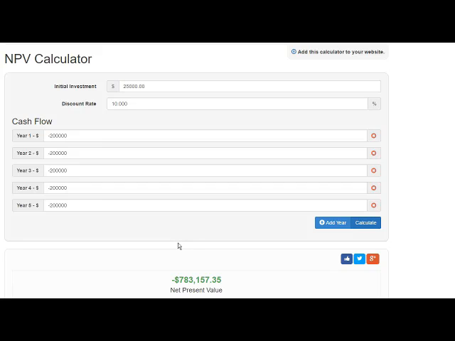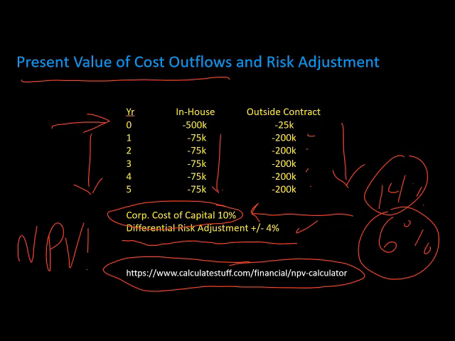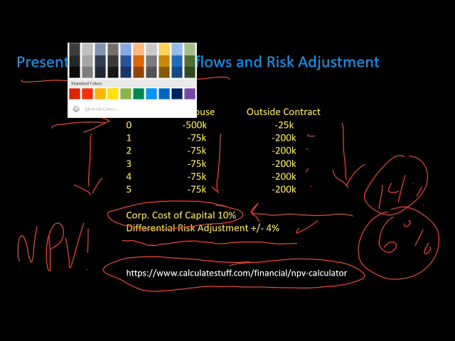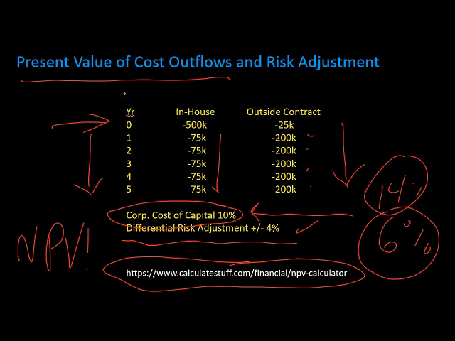Now let's go back to where we talked about what would happen if, for some reason, you deemed these outside contracts more risky, and you've got this risk differential.